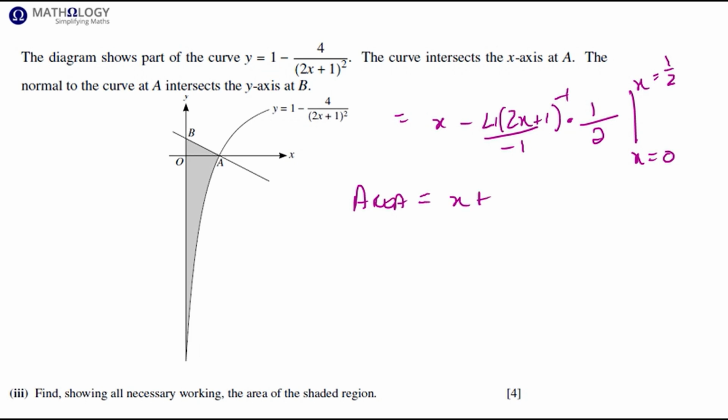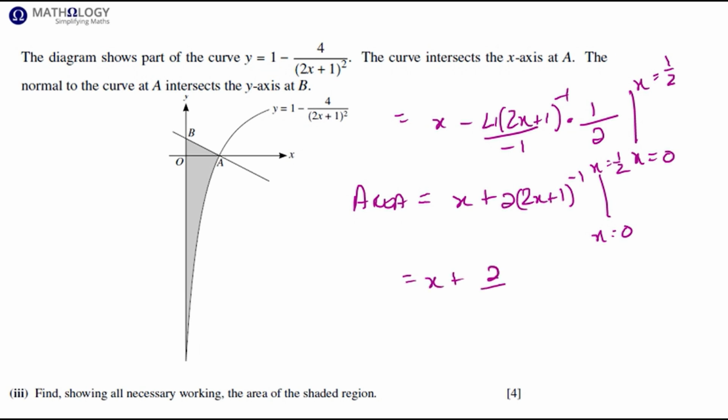So we'll have x plus 4 divided by 2 is 2, 2 times (2x plus 1) to the minus 1, between x equals 0 and x equals a half.